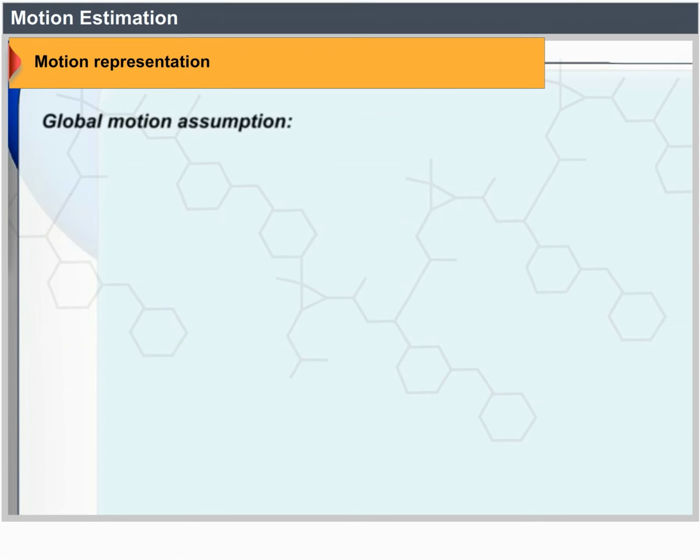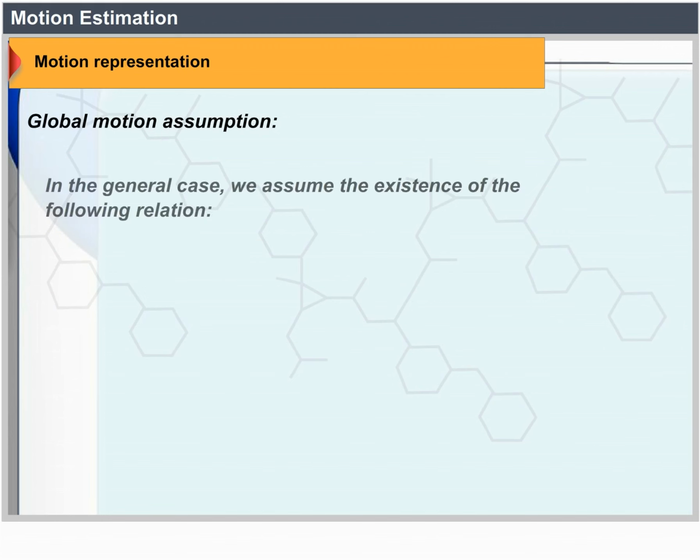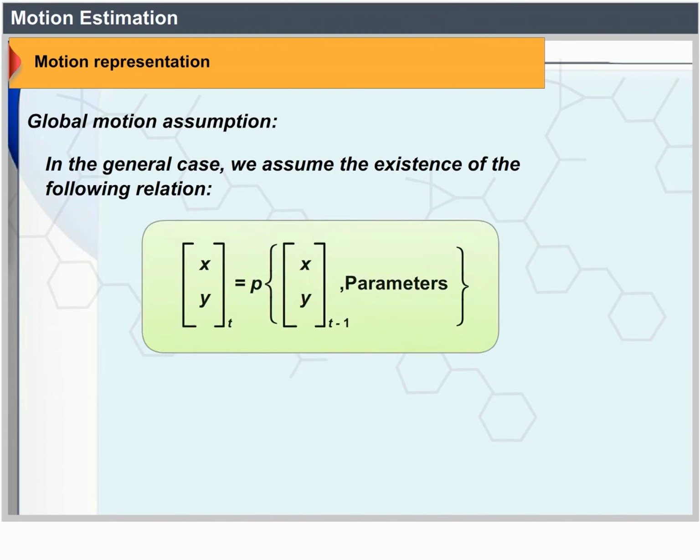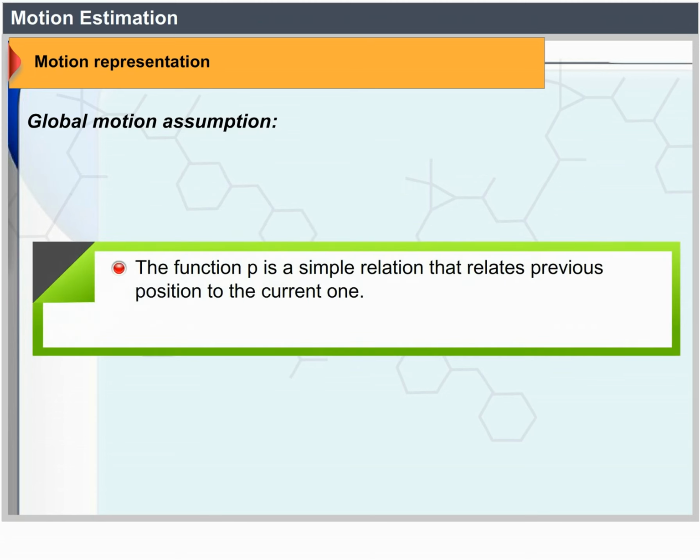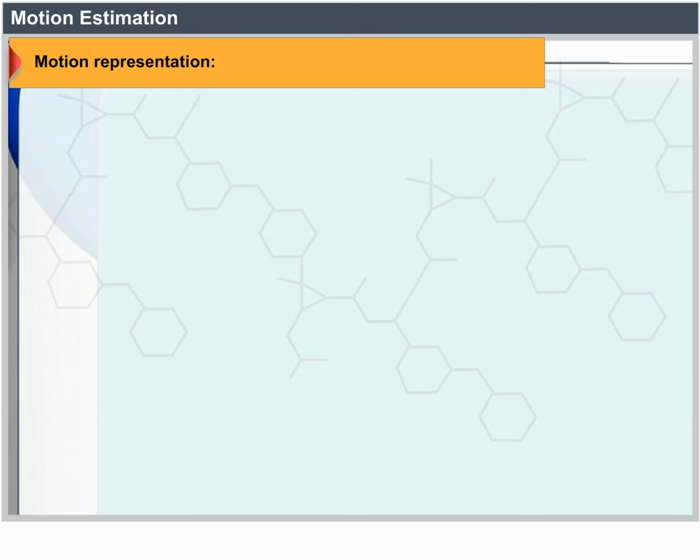Global motion assumption. In the general case, we assume the existence of the following relation. The function p is a simple relation that relates previous position to the current one. A set of parameters governs a specific type of motion. We can now see on the screen different representations of global motion.